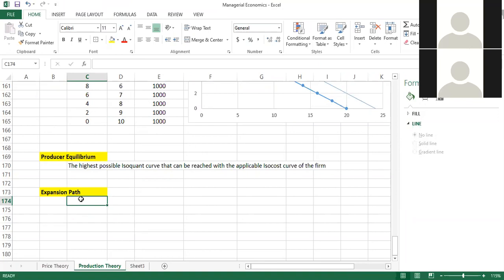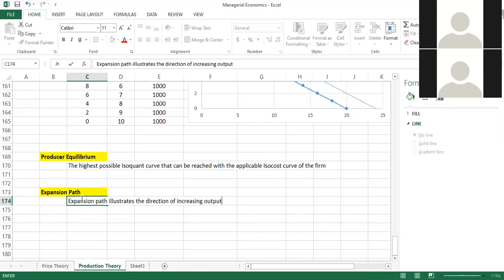This expansion path illustrates the direction, the path, the direction of increasing output when the firm's ability to spend for the factors increases.